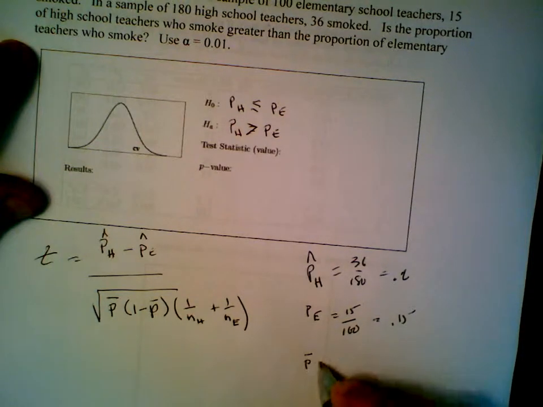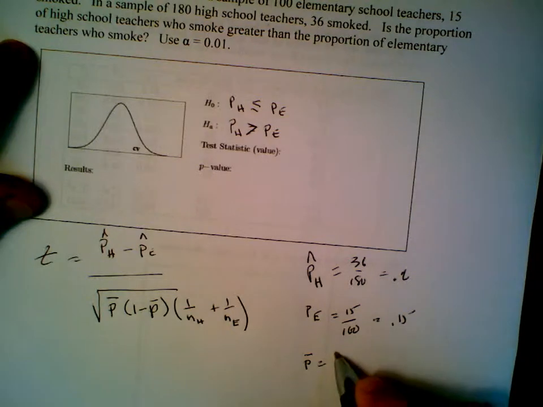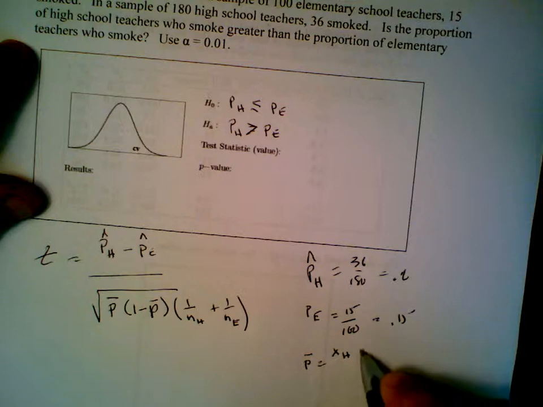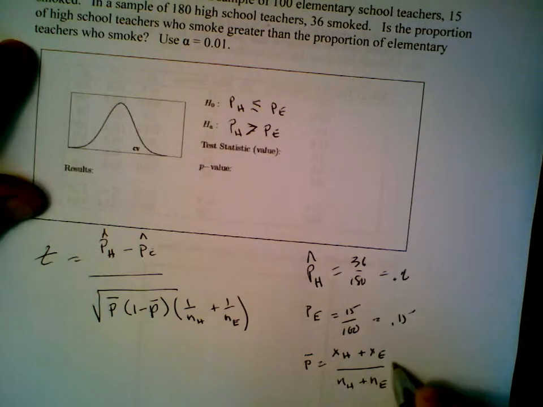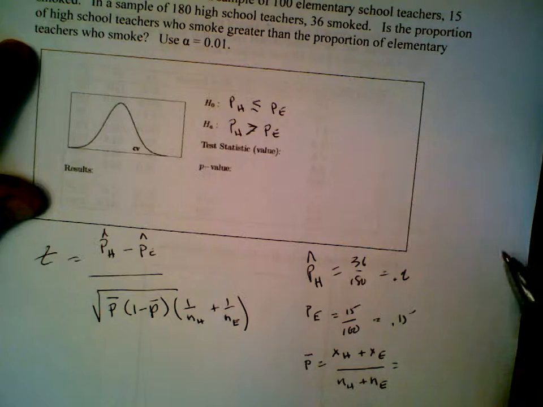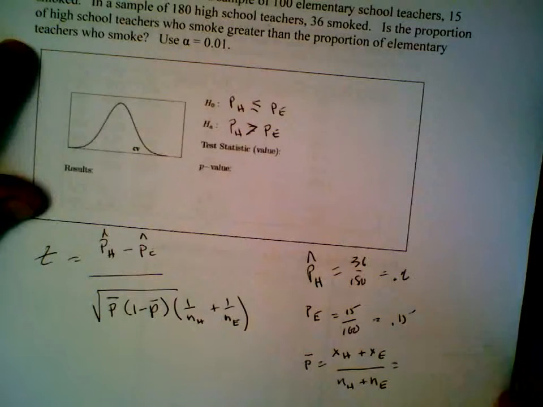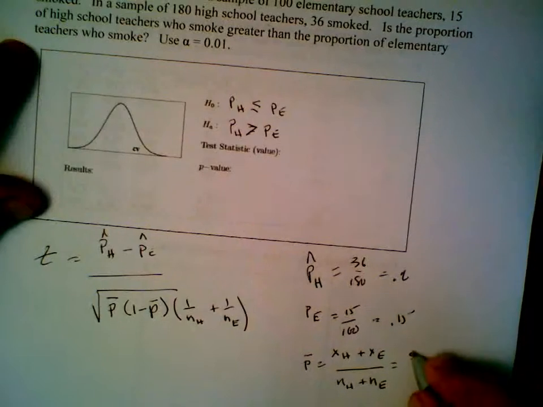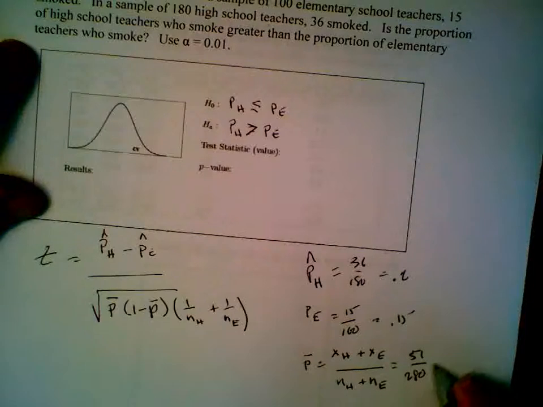P bar is kind of the weighted average of the two. We write x high school plus x elementary divided by n high school plus n elementary. And let's see, that is 36 plus 15, that's 51, over 100 plus 180, 280.